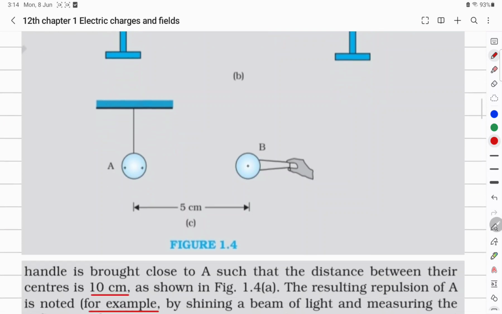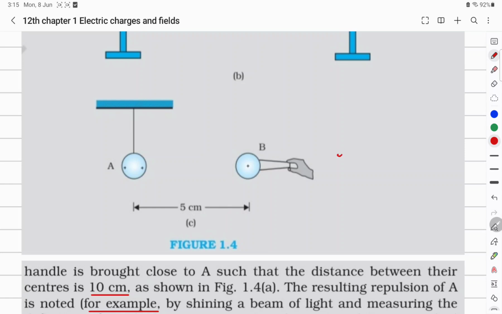And in the third case, they have reduced the distance. So B is brought closer to A and the distance is reduced from 10 centimeter to 5 centimeter.